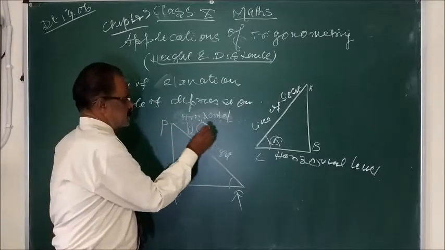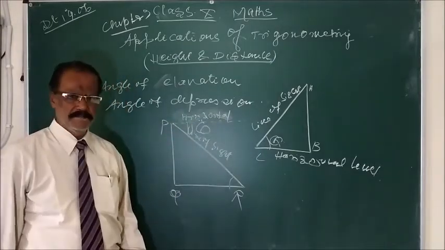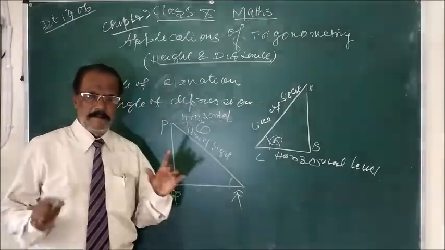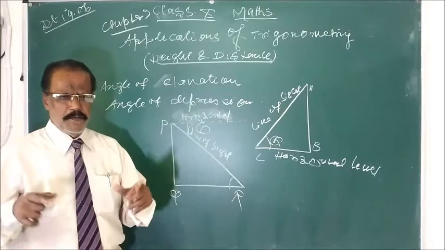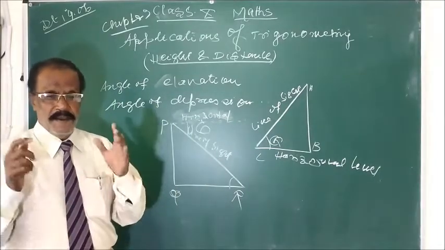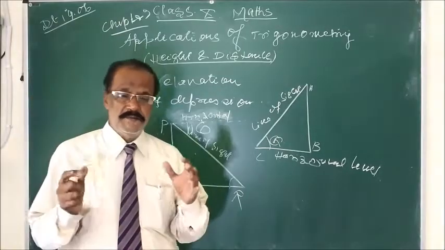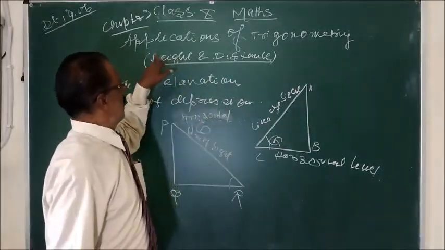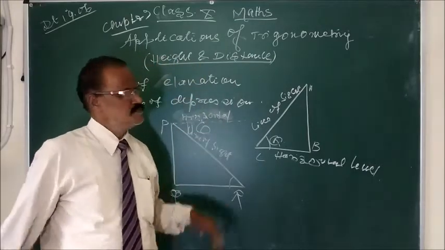This angle is called angle of depression. So angle of elevation and angle of depression: these 2 terms are very important, very useful for solving the questions of height and distance.